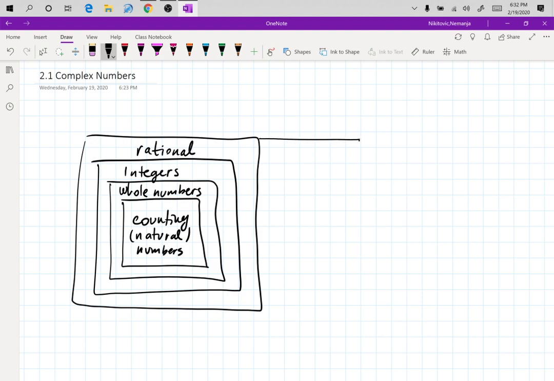On the side over here we have what we call irrational. So this is the division of numbers. So what do we have as numbers?